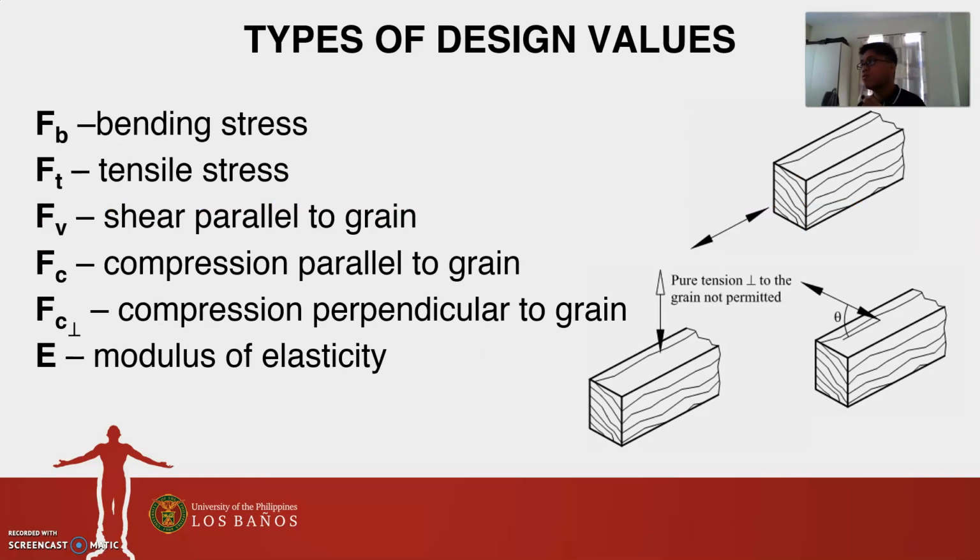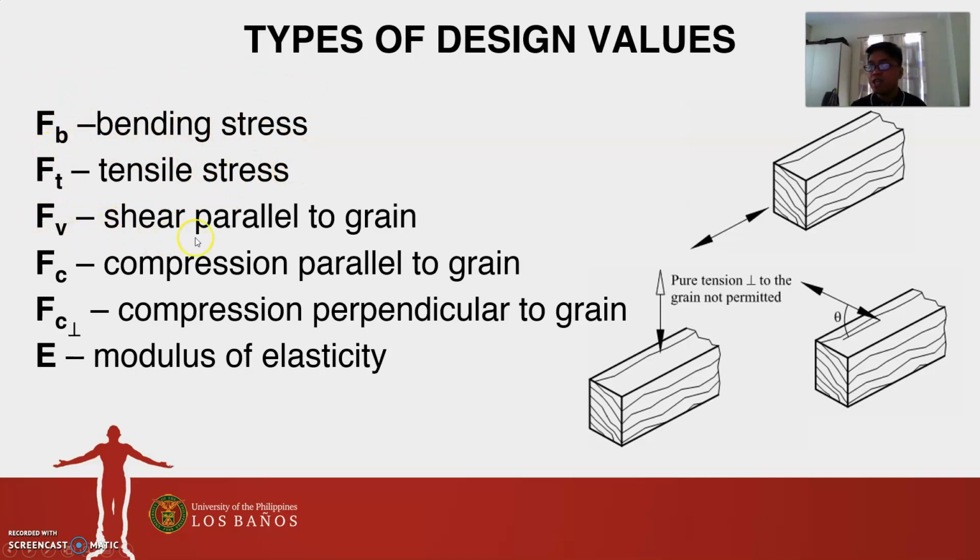Okay, some types of design values. We have here FB, bending stress, tensile stress, shear parallel to grain, compression parallel to grain, and compression perpendicular to grain, and modulus of elasticity. FB, I think by this point you already know this, as well as the tensile stress.